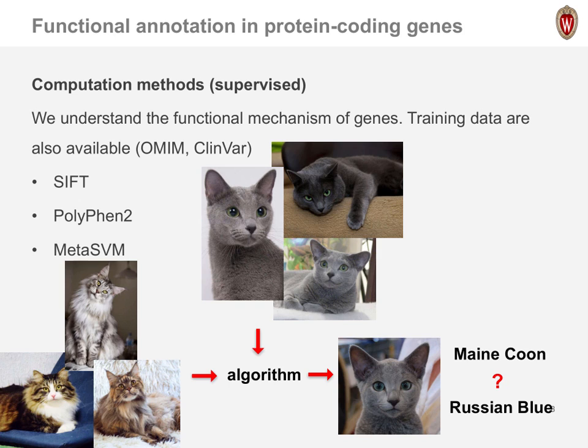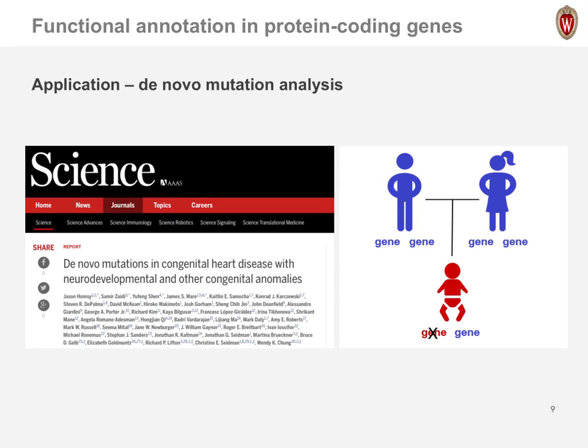You compare those two categories just like you compare Maine Coon and Russian Blue. And we also have predictive features. You know how likely they are going to change the protein sequence. And you also know sometimes if you change the amino acid, it also changes the protein structure. Those are the predictive features, and there are well-established algorithms that help you distinguish how likely this variant is going to have an impact. So this is a rough idea.